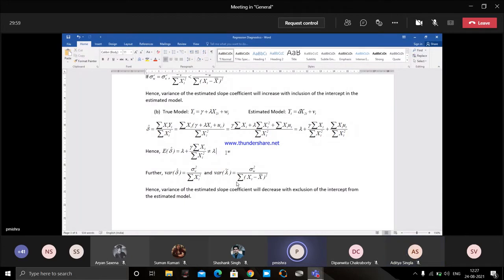Yes, sir. By force, you are making x bar and y bar equal to 0 by dropping the intercept, whereas the true x bar and y bar may be different. And that is exactly what is inculcated, as you rightly point out.